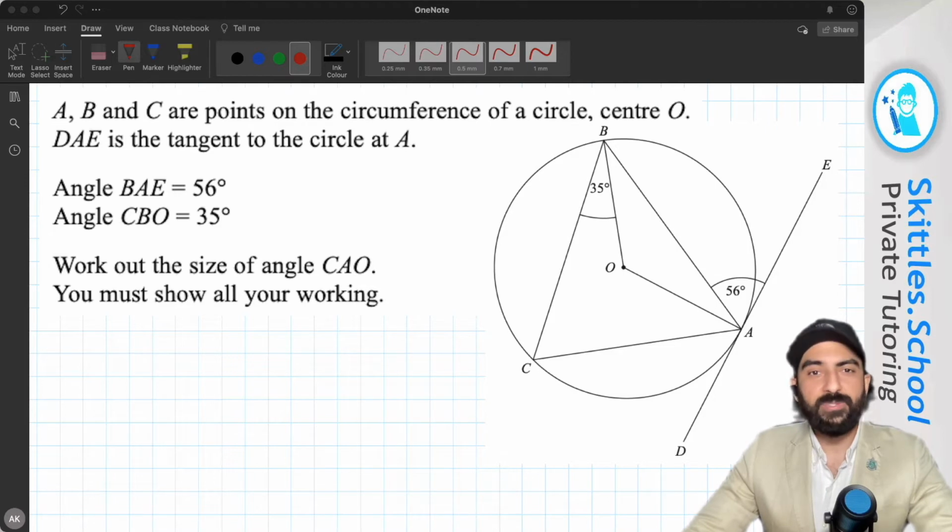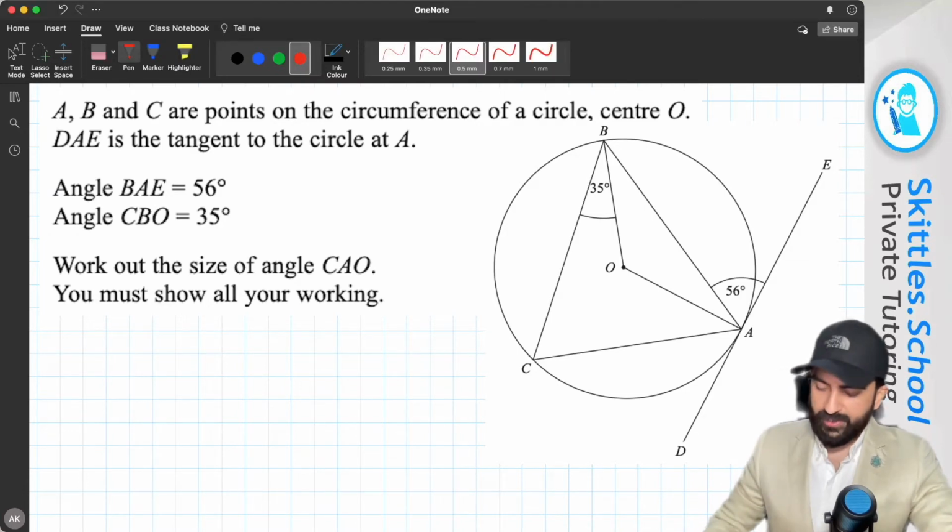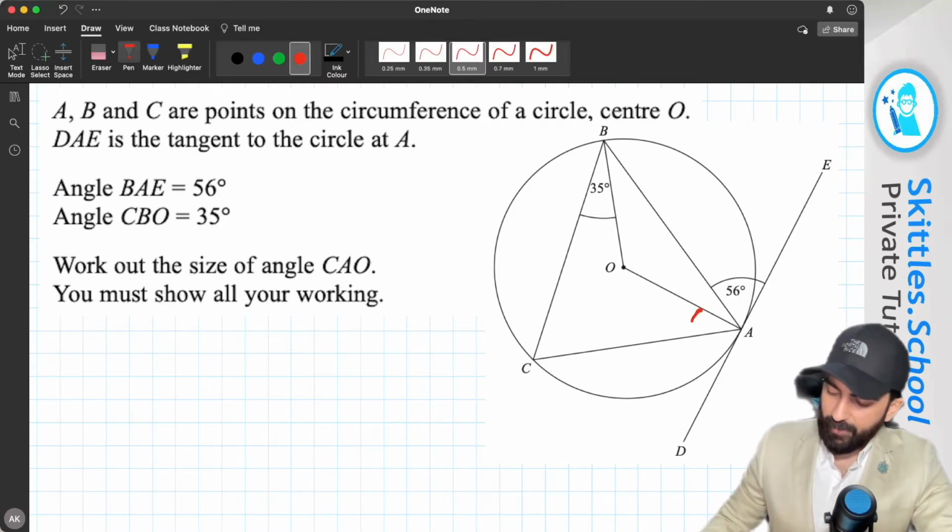Angle BAE is 56 degrees, and angle CBO is 35 degrees. And it's asking us to work out the size of angle CAO. So angle CAO is this angle here. That's the one that we're trying to work out.